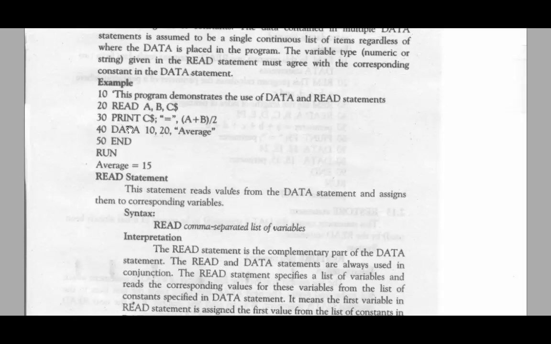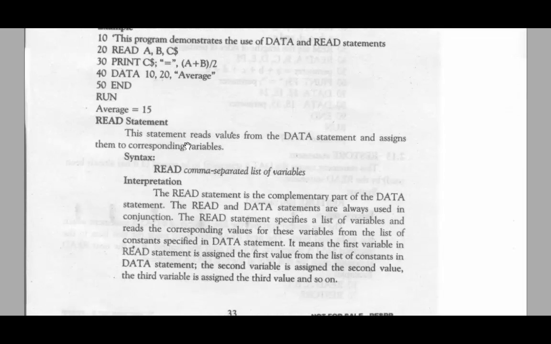We have put the values 10, 20 inside data, and read A, B. When you say read A, B, it takes the constant 10 for A and 20 for B, and average for C dollar. It prints C dollar, average equal, as it is, and the answer of A plus B divided by 2: 10 plus 20 is equal to 30, divided by 2 is equal to 15.